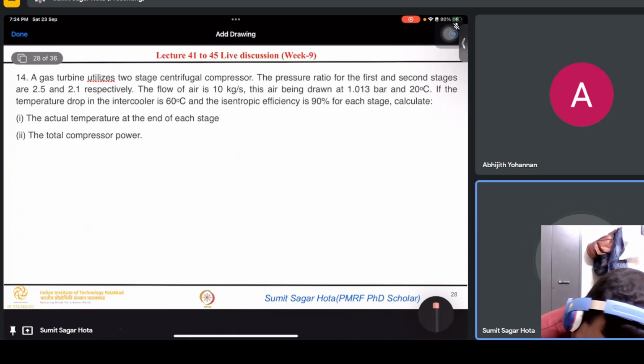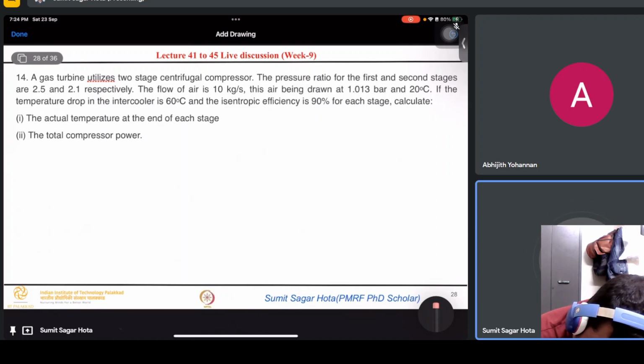A gas turbine utilizes a two-stage centrifugal compressor. The pressure ratio for the first and second stage are 2.5 and 2.1 respectively. The flow of air is 10 kg per second. This air is being drawn at 1.013 bar and 20 degrees Celsius.